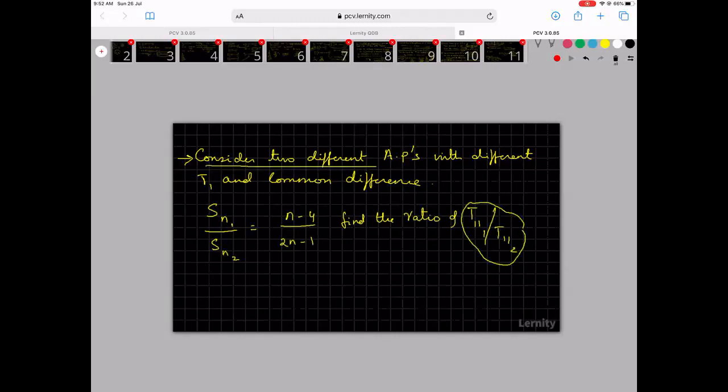There are two different APs with different T1s and common difference. I have taken the sum of n terms of the first AP and divided it by the sum of n terms of the second AP. So I found out that ratio. That ratio is equal to n minus 4 divided by 2n minus 1.